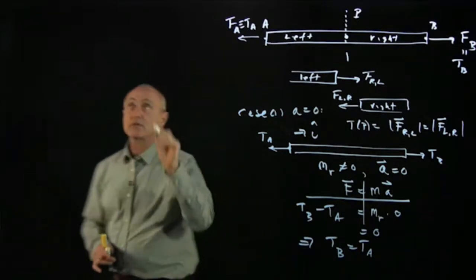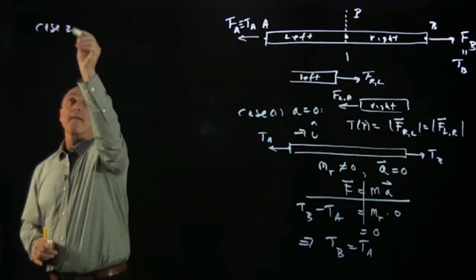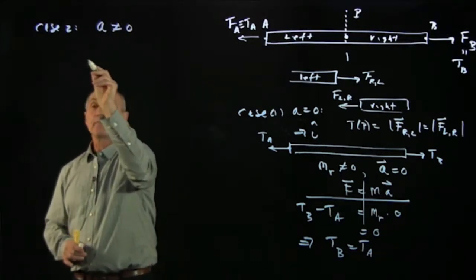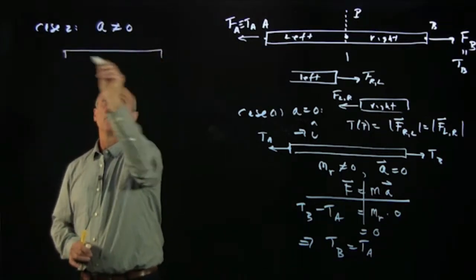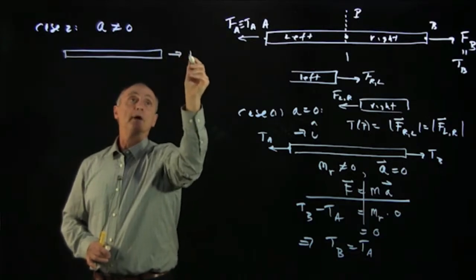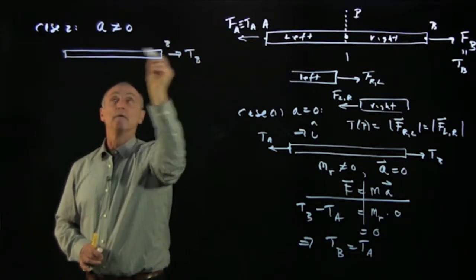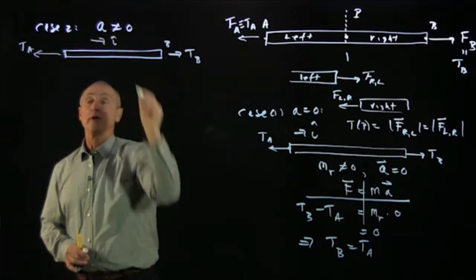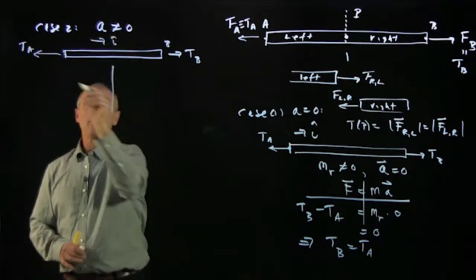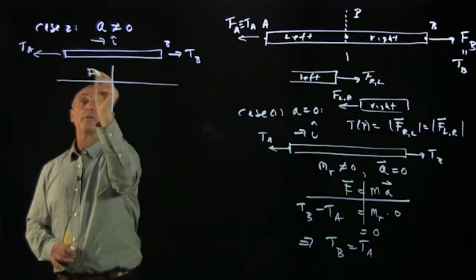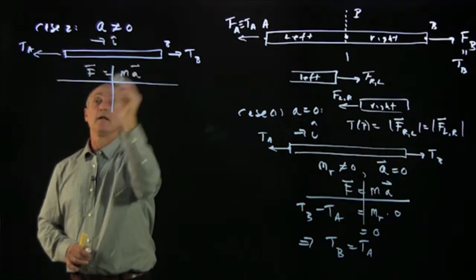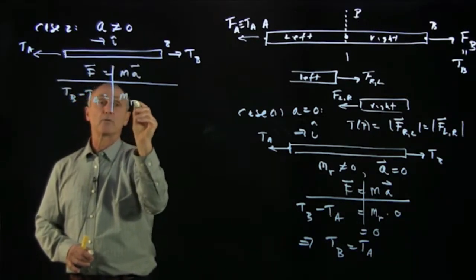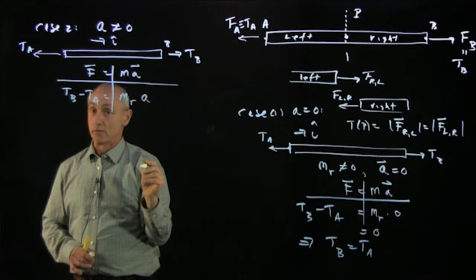Now let's suppose, case 2, that a is not 0. Here we have the rope. This is point B, here's point A. We'll choose a uniform direction, a. Now when we apply F equals ma, TB minus TA equals the mass of the rope times the acceleration of the rope.